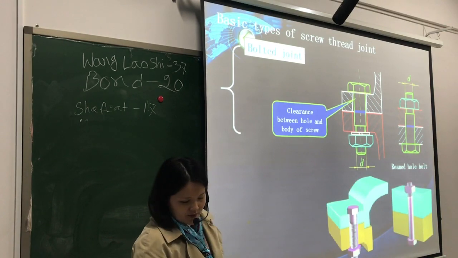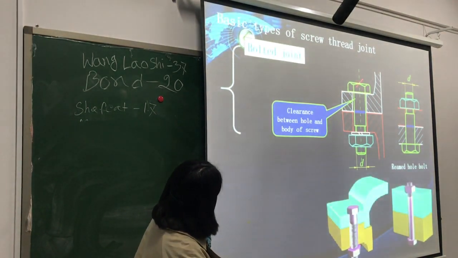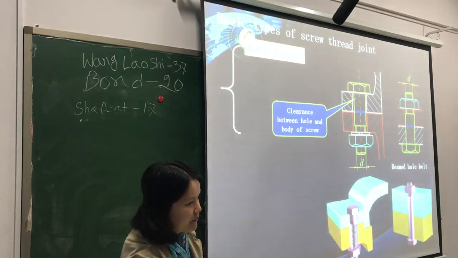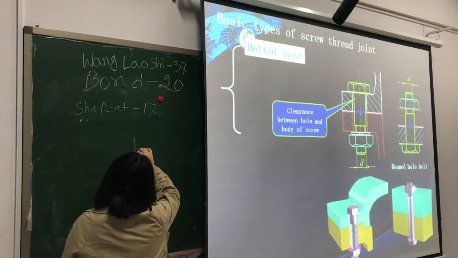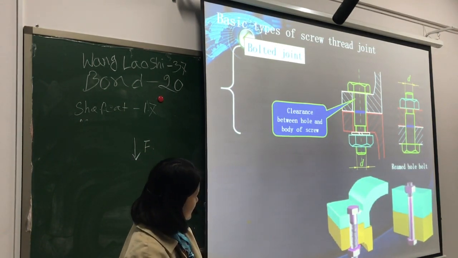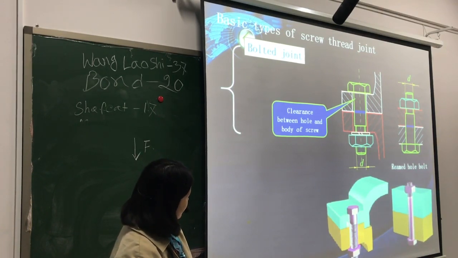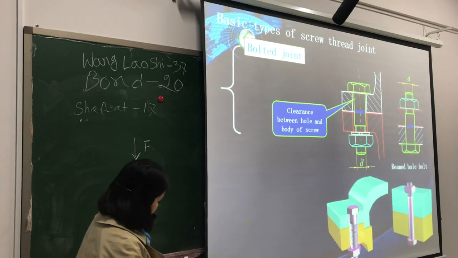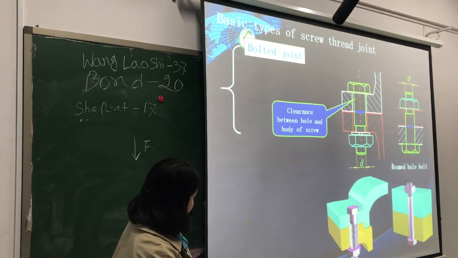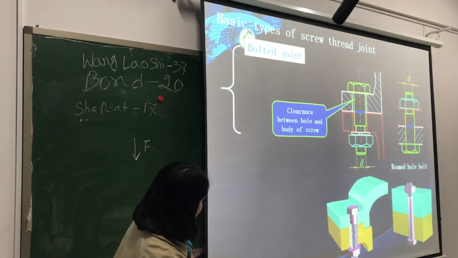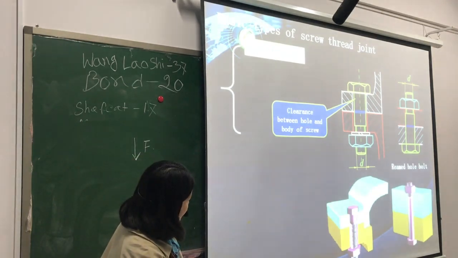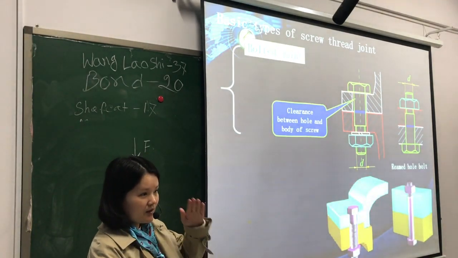Like this. When the bolted joint is subject to a load F, for the ordinary bolted joint like this, the bolt will be stretched and the clamping members are compressed.